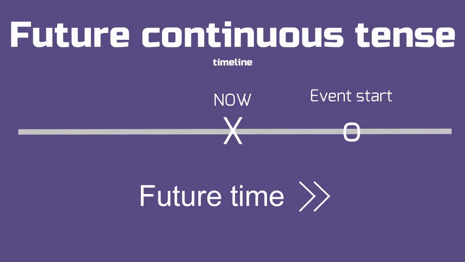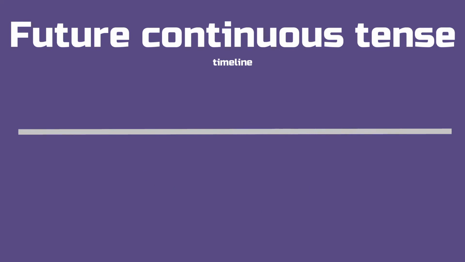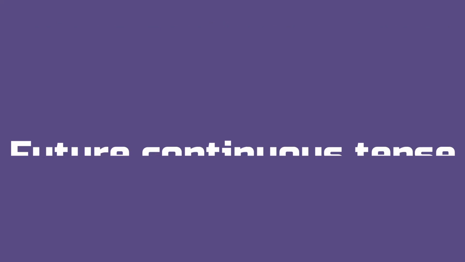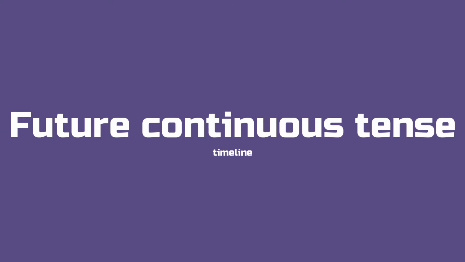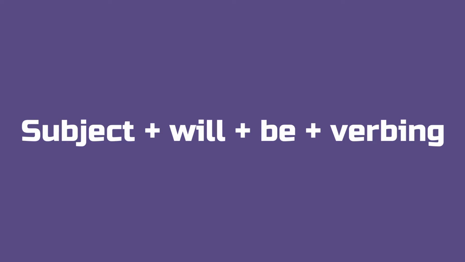Now that we know what the future continuous tense is, we need to have a look and learn how we can make the future continuous tense. What is the formula for it typically? So let's begin by adding a subject plus will plus be plus verb ing.